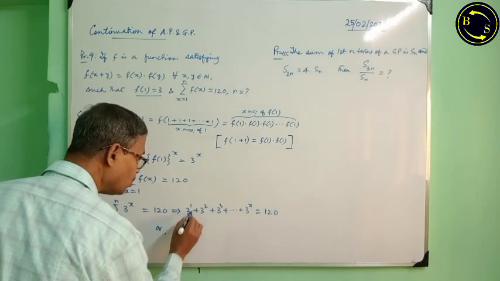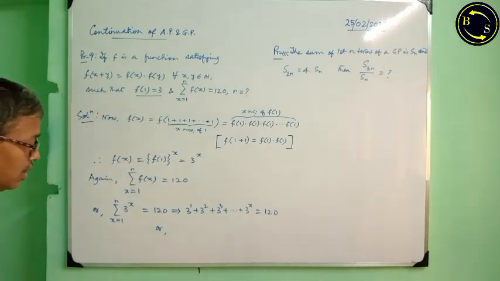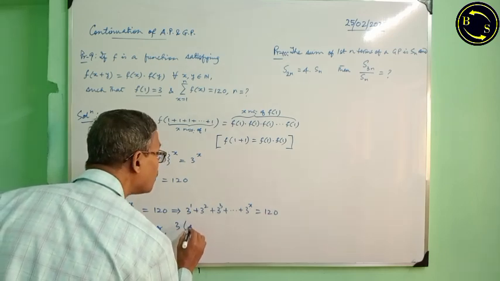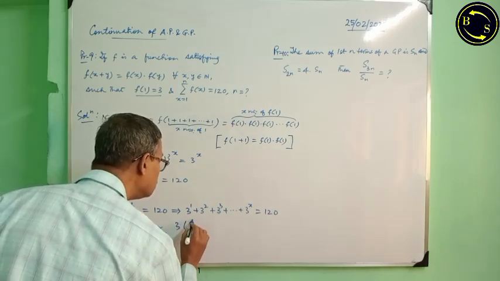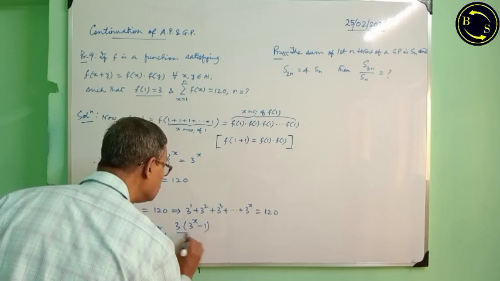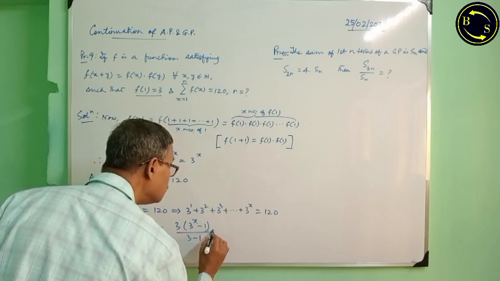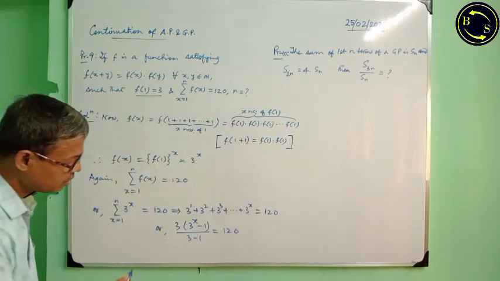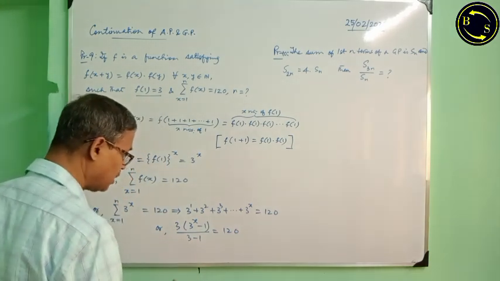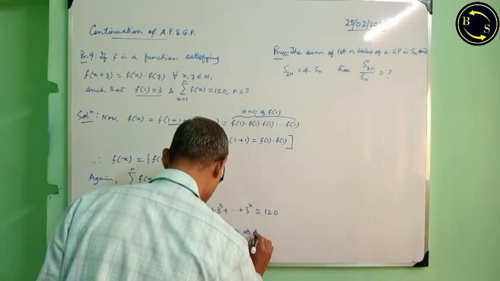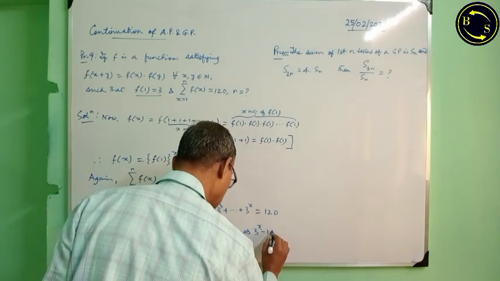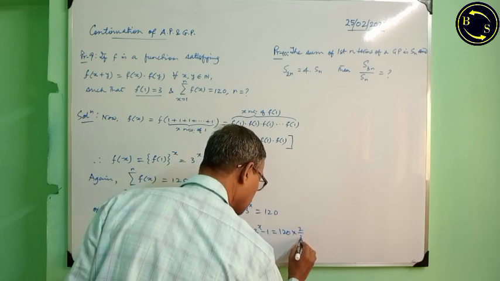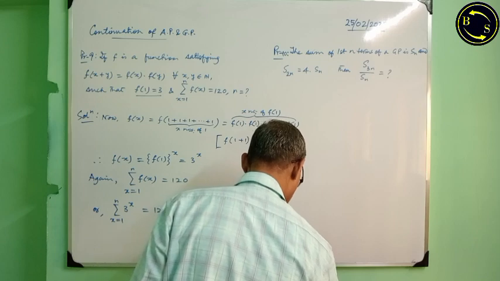Now this is a series in GP, therefore the sum will be, now we get an equation involving x, from which 3 to the power x minus 1 is equal to 120 into 2 by 3, that is equal to 80.